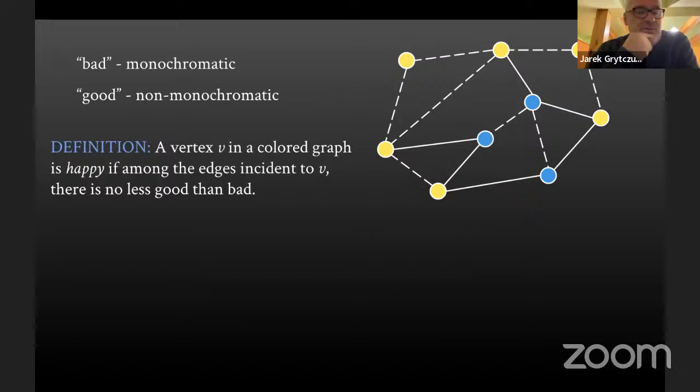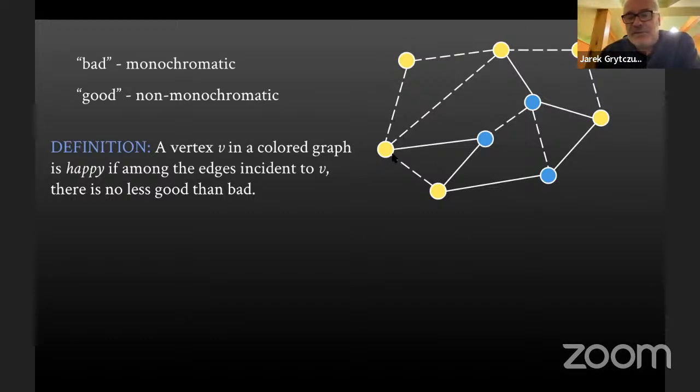And now we can make a definition saying when a vertex is happy. A vertex is happy if it has at least as many good edges as bad edges among the edges incident to that vertex.